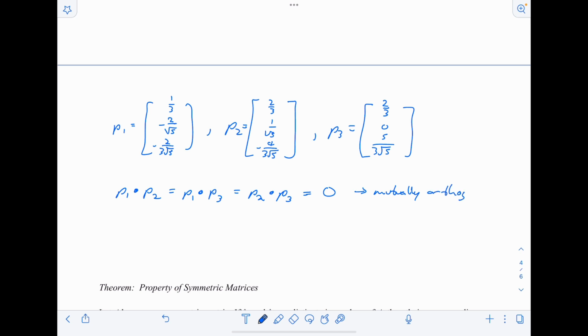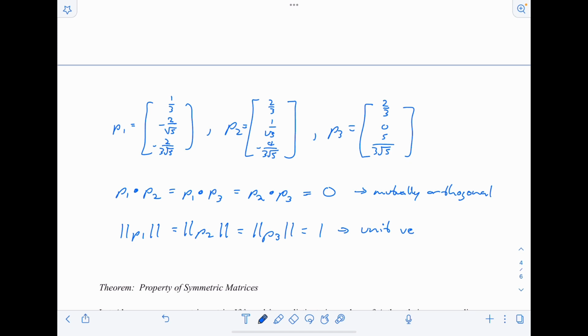That's going to tell us that they are mutually orthogonal. And again, I will tell you that if you were to do those dot products, you will get 0. And then we need to show that they're unit vectors. So that just means that their length is 1, so we just need to find their magnitudes. So magnitude of P1 has to equal the magnitude of P2, has to equal the magnitude of P3, all of those equaling 1. That would tell us that they are unit vectors.